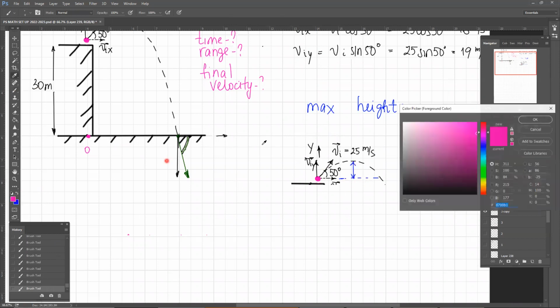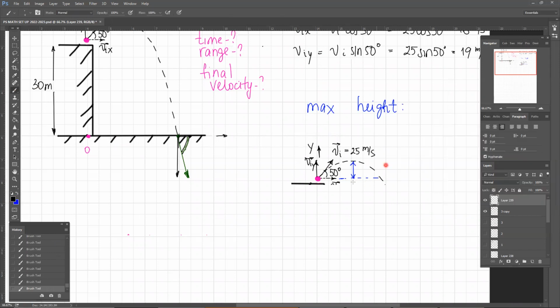So in this scenario, I repeat the same steps. Vix multiplied by time. I pretend now that the ball is being thrown from the ground. There will not be initial height.